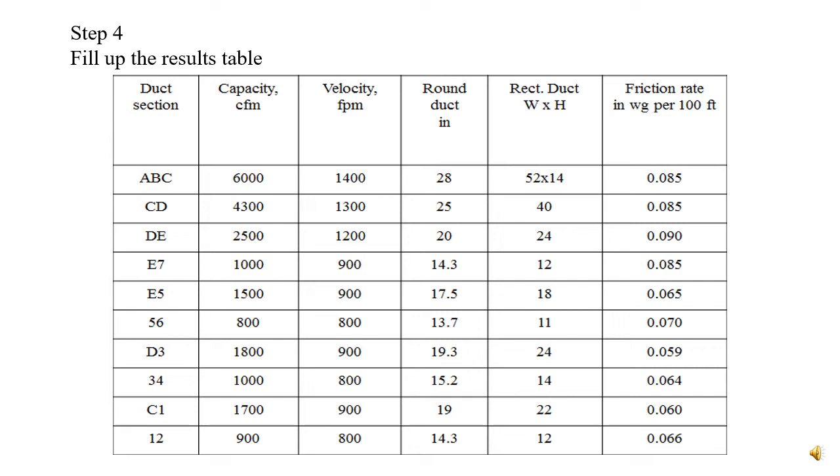And the last one is the friction rate in water gauge per 100 feet that you can read from the ductilator according to the size that you choose. You can adjust the size so that you will have the lower friction rate, if the cost allows you.